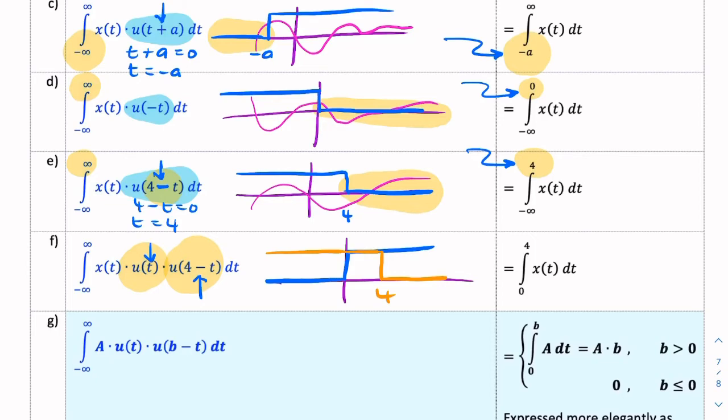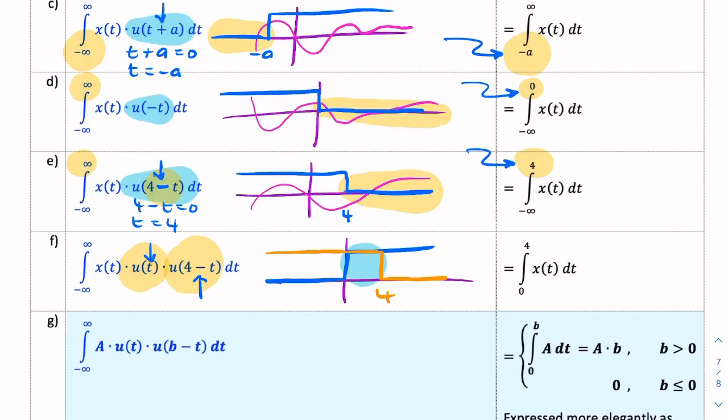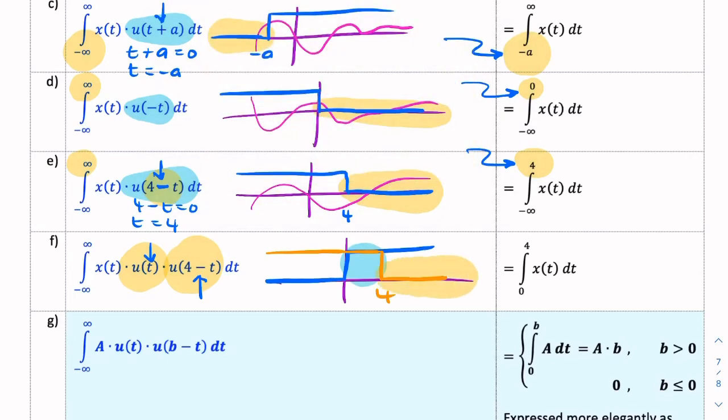And if you multiply those two, the only time when the product is non-zero is between 0 and 4. Because after t equals 4, you're multiplying by 0, and before t equals 0, you're multiplying by 0.